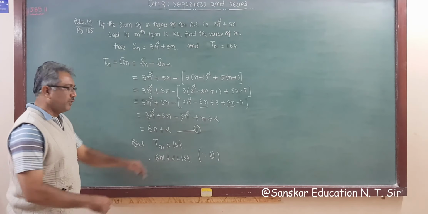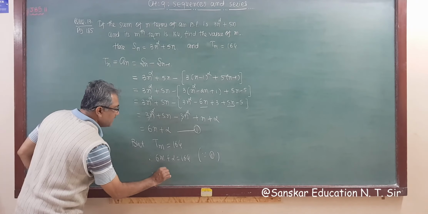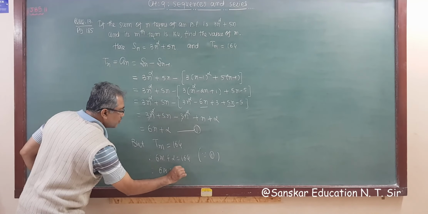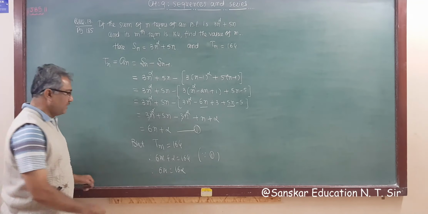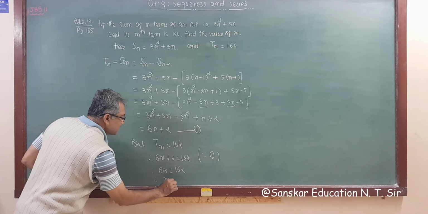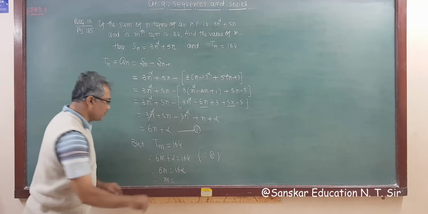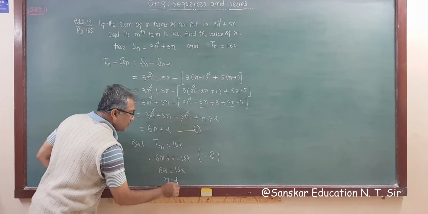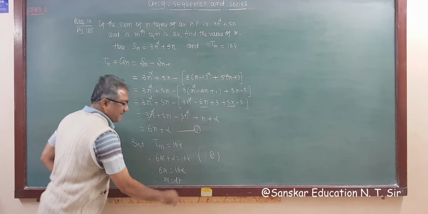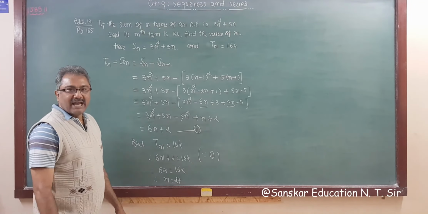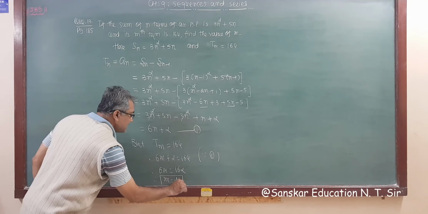So taking 2 to the opposite side, 6m is equal to 162, right? So what is m? m is equal to 162 divided by 6, 6 twos are 12, and 4 remaining, so 27. So the correct answer is m is equal to 27, right?